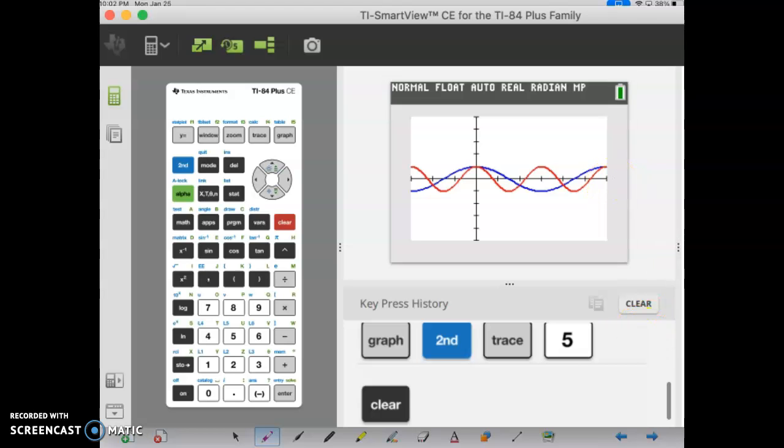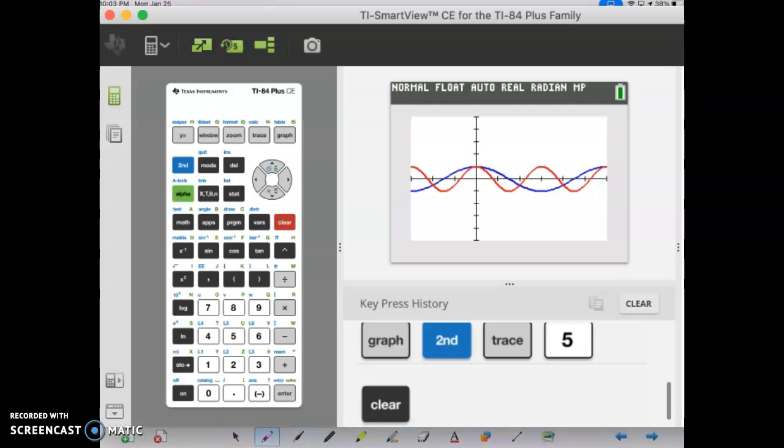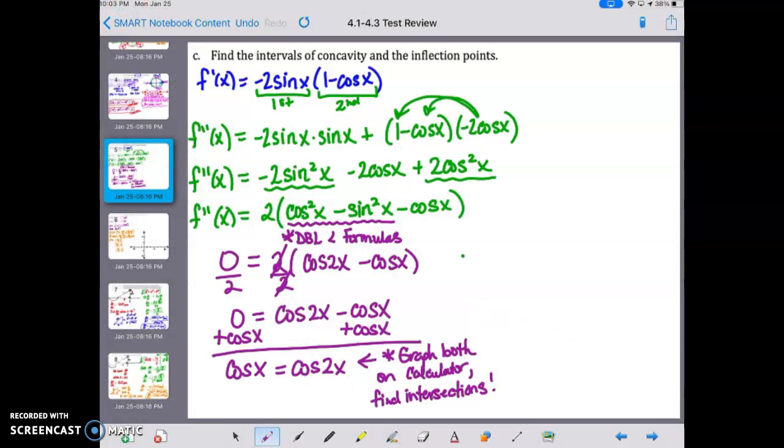So now I'm going to go back to my work here, and I am going to write those values down. Those are my critical values.